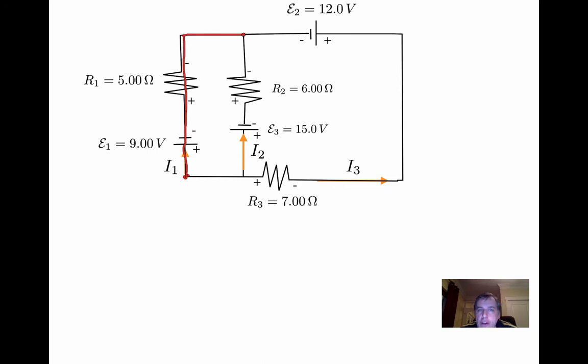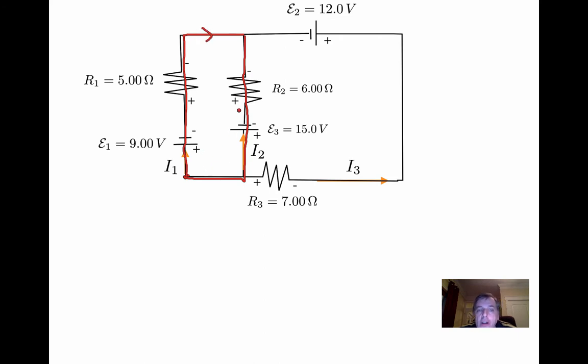Now at this point I have a choice. I could go on the outside and close my loop this way by coming back here, or I can go down here. I'm going to choose to go down here, but this is totally up to me, and I'll come back and close my loop. So I have in red here my loop, and I chose to go clockwise along this loop.